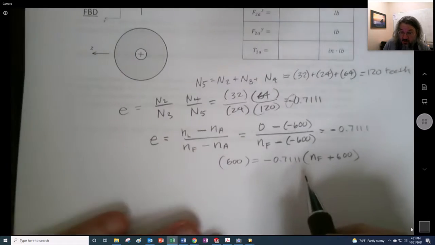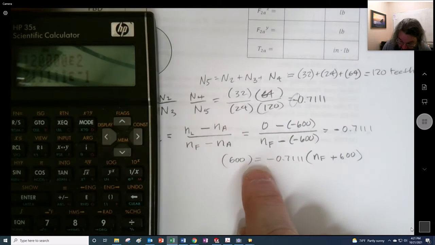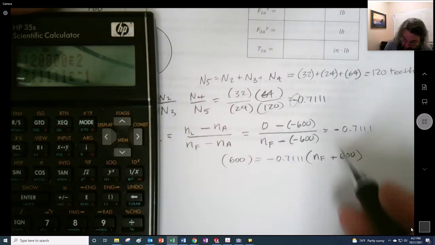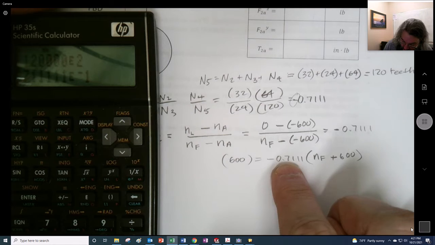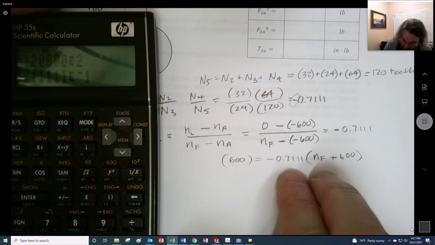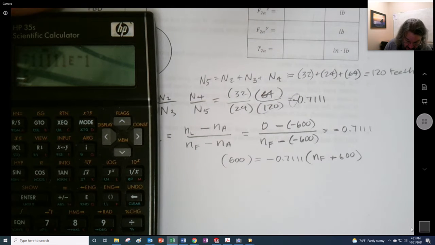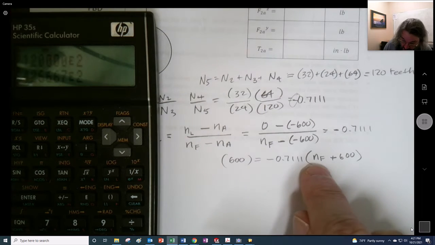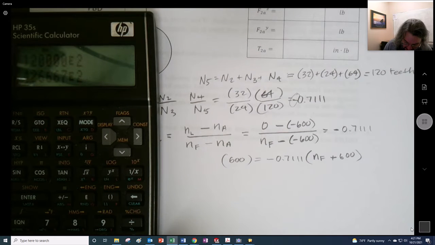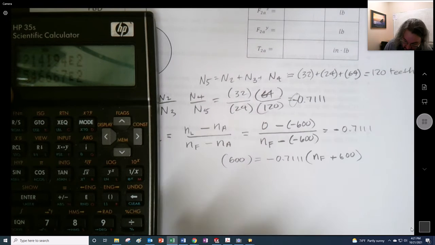So what we do here is multiply 600 by 0.7111, and that's going to become negative, but we're going to bring them over here and add them together, right? So 600 times 0.7111, add it to the 600, so I get... that didn't seem to work, just start again, 0.7111.